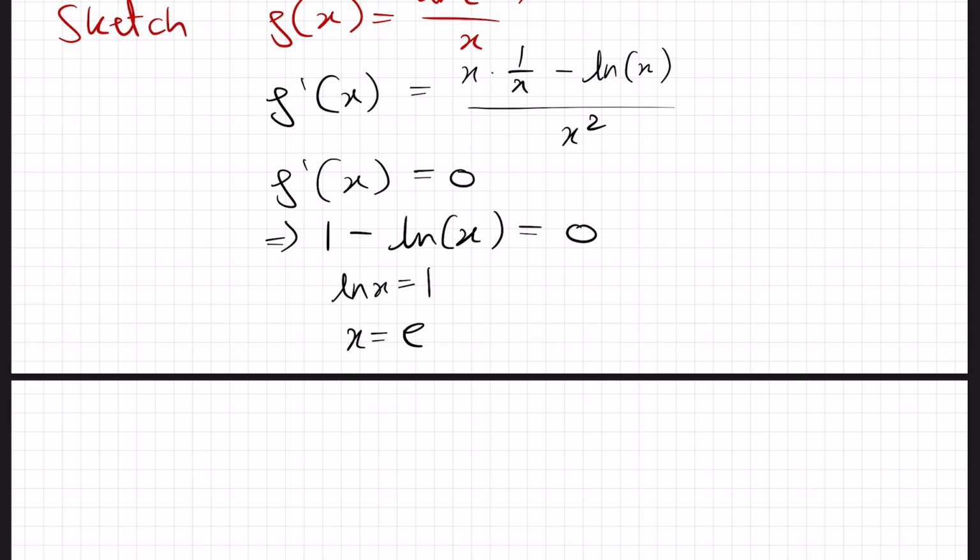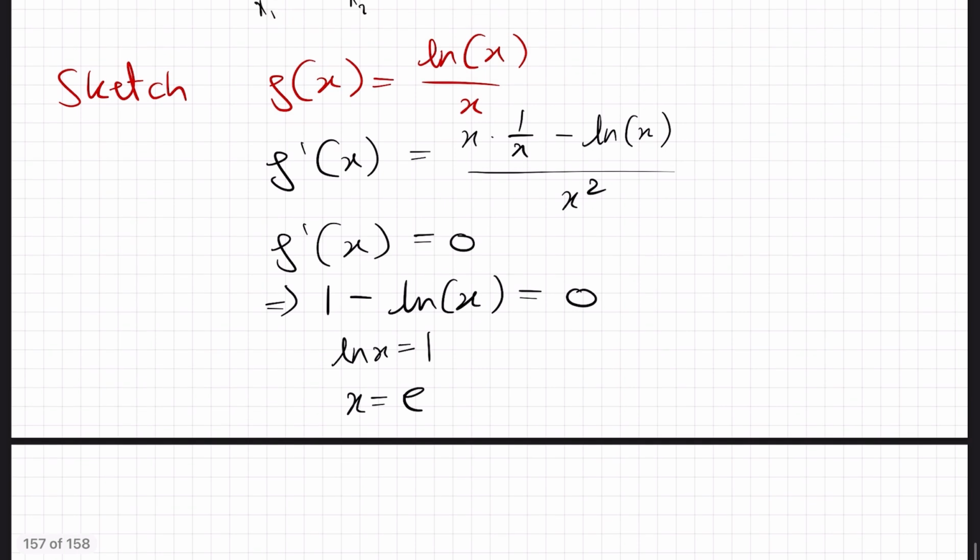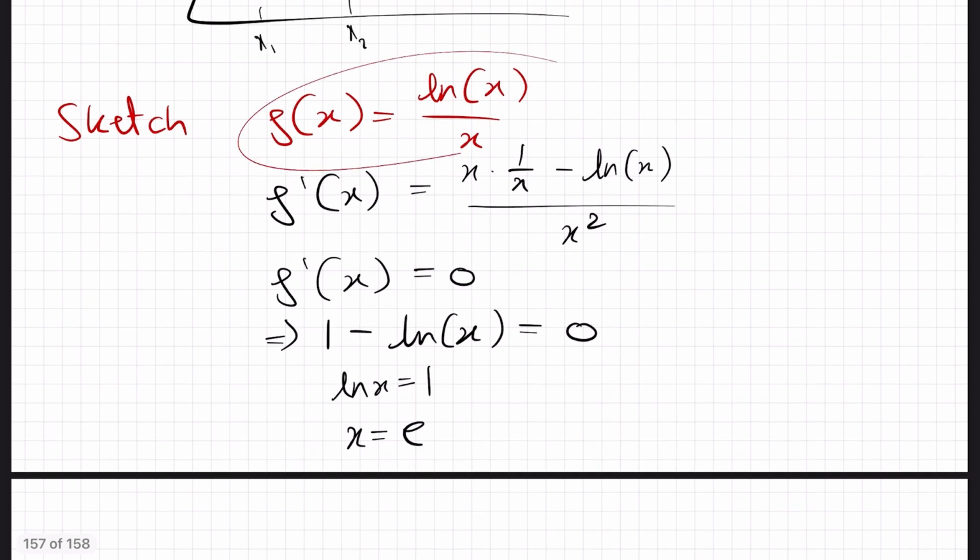We can determine the nature of a stationary point either by using the second derivative, or by looking at values either side, or we don't even need to do that, because if we just look at how this function changes. So f of x is ln x over x.